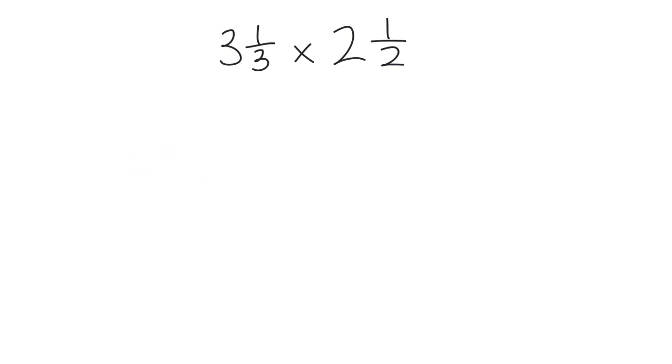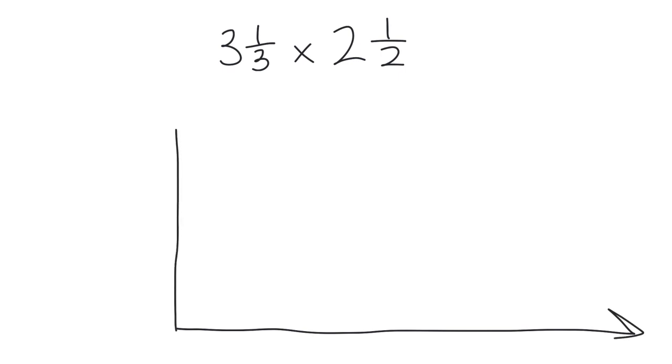All right, so here's my thinking on how I visualize 3 1/3 times 2 1/2, and I'm going to put these two fractions on a number line. So here's 0. There's 1, 2, 3, 4, and I'm going to think of 3 1/3 right here.